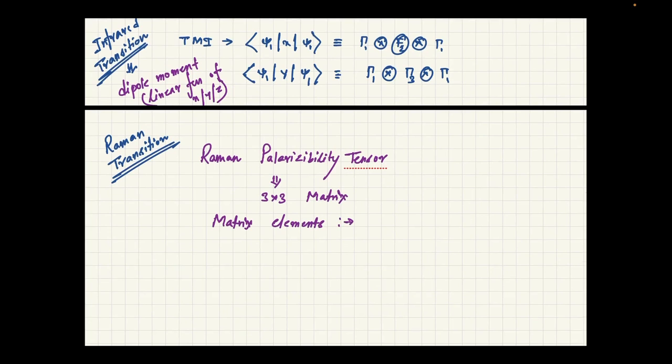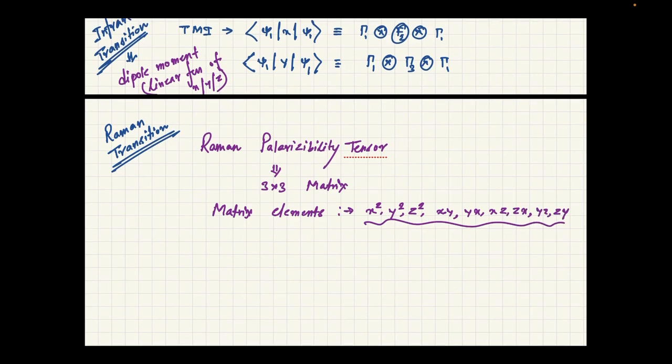Basically it is not a linear function, it is a quadratic function. That means x square, y square, z square, then there will be bilinear products between x, y and z. So xy, yx, xz, zx, or yz or zy.